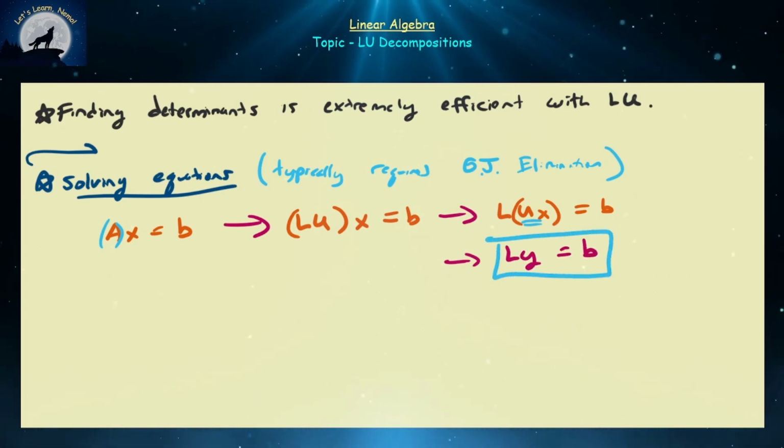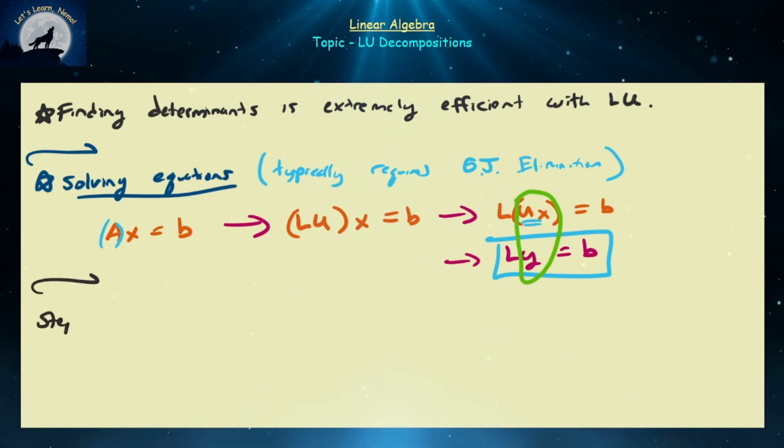Right? So Ly is equal to b is what type of system? Well, that's a triangular system which we can solve via substitution. Right? But the first thing that we need to figure out is how do you solve this particular thing? Well, Ux equals y is also a triangular system, but we don't know y. So how is this going to work?